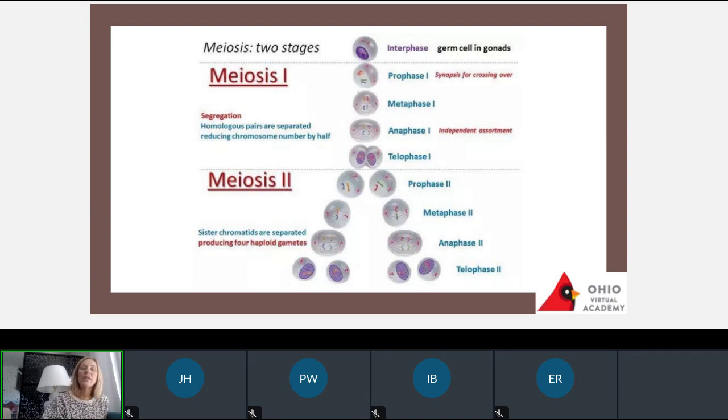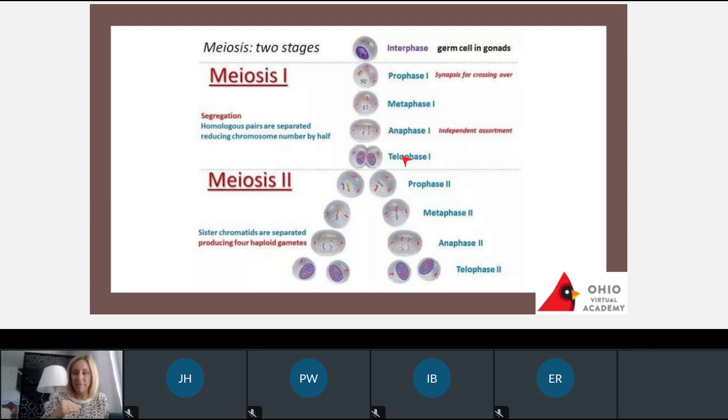All right, so when we look at meiosis, I want you to notice something. The very first part of meiosis: prophase, metaphase, anaphase, telophase. What do you notice about this? Yeah, these cells go through mitosis. So the first part of meiosis is just mitosis.